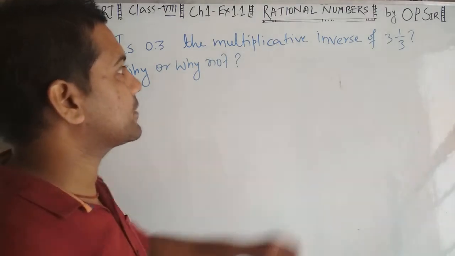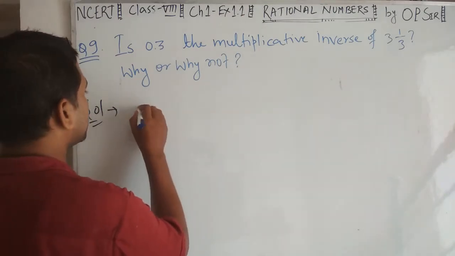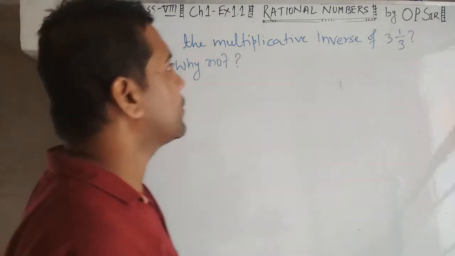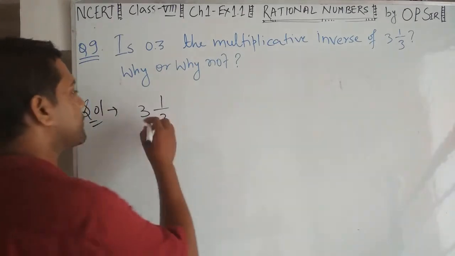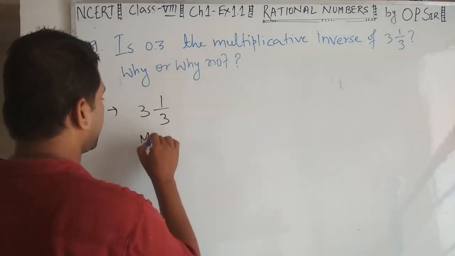So in this case, we have 3 whole 1 upon 3, and we have to find the multiplicative inverse of this.